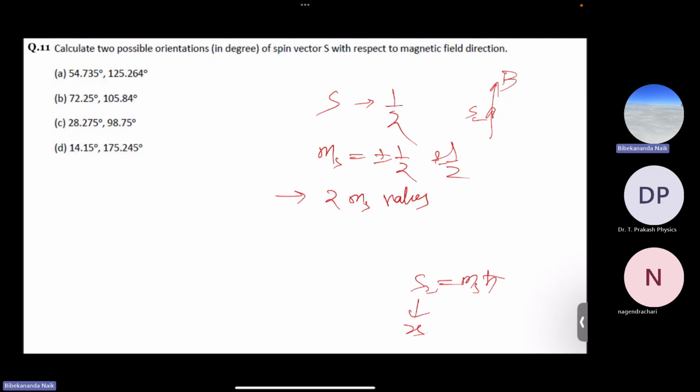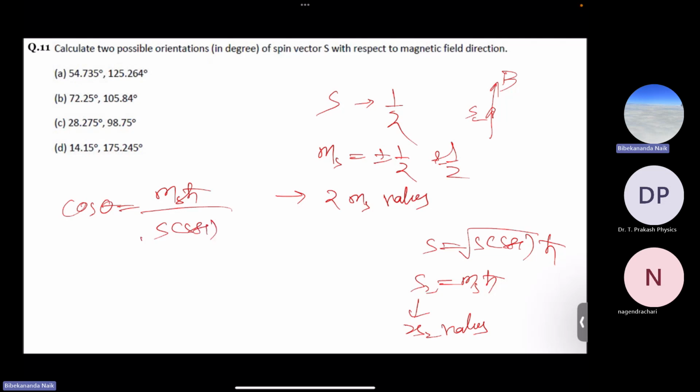S is root of S into S plus 1 times h cross. So cos theta is ms h cross divided by root S into S plus 1 h cross, which is ms divided by root S into S plus 1. Can anyone tell me what those two values are?